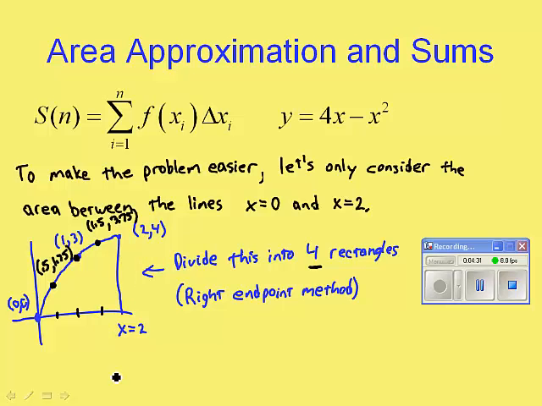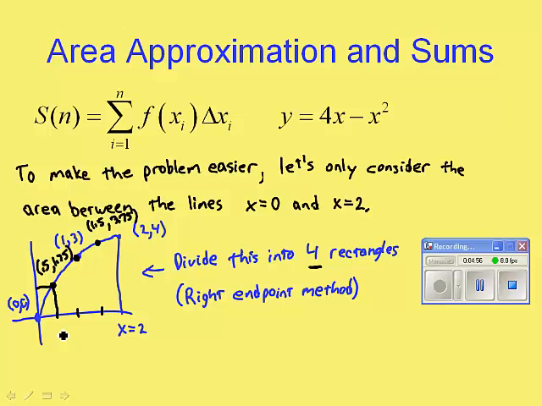I have these points. And I'm going to do what's called the right endpoint method. And what that means is, on each interval, when you draw the rectangle, it goes as high as the right endpoint. So this first rectangle, from here to here, is going to go how high? 1.75.